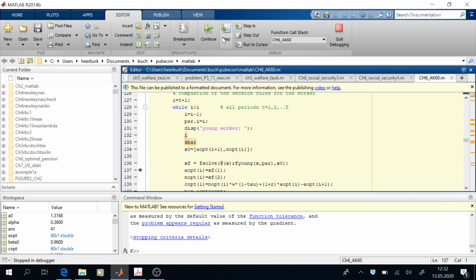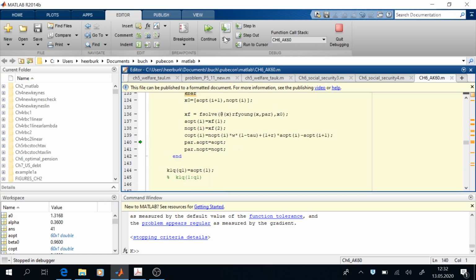We store these values in the vectors A-opt, N-opt, and C-opt, and of course assign the new values to the parameter values.